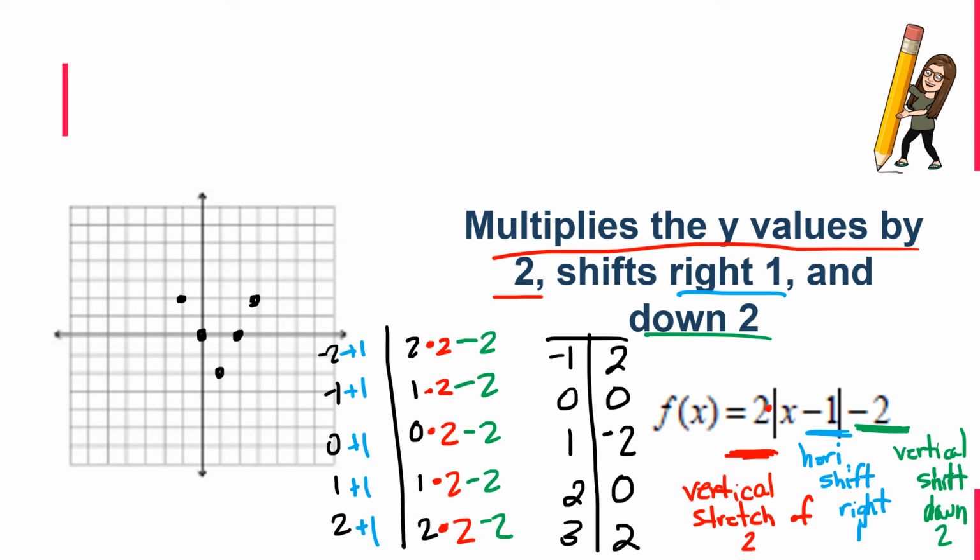And this makes sense. It's stretched and it's skinnier. Perfect. It went to the right 1 unit from the origin. Yep, sure did. And it went down 2. Yep, my vertex is down 2. Okay. So that parent table work, instead of plugging in random x values into the whole function and calculating everything, we didn't need to. We just added and subtracted some numbers.